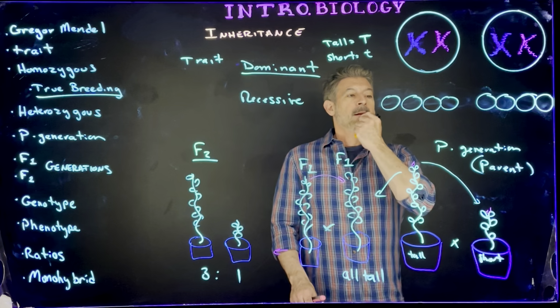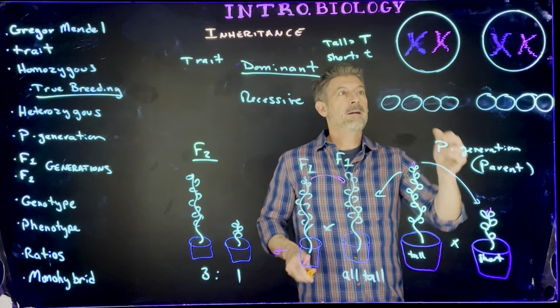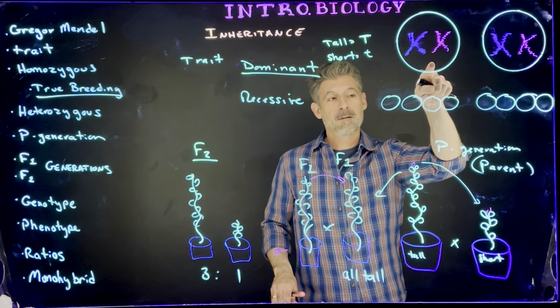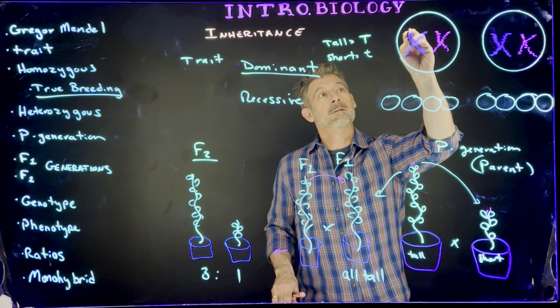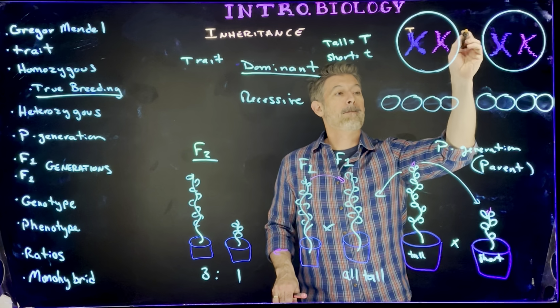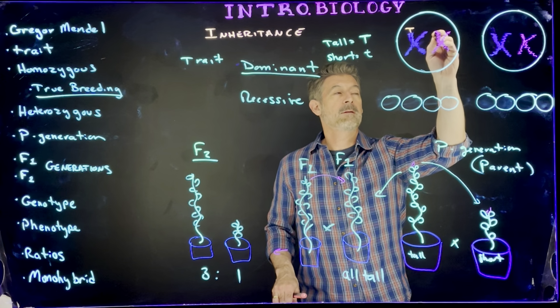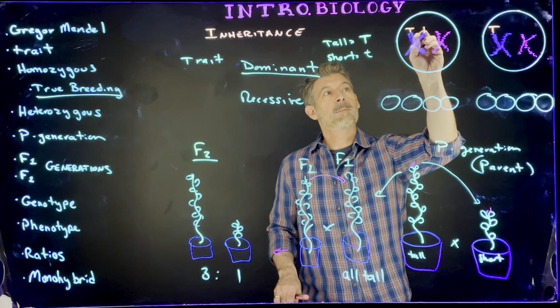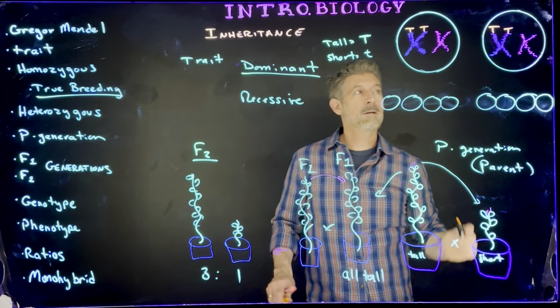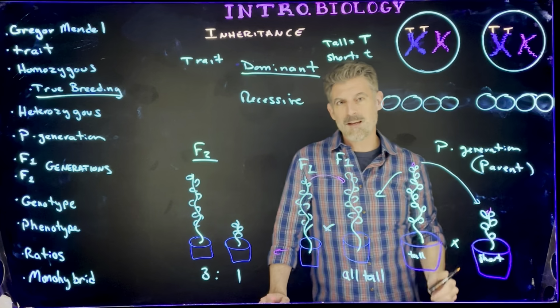Well, let's say what we have here is a parent who is tall. And this parent is tall. So when gene replication occurred, that would be tall, tall, tall, tall, because they're the same like this.